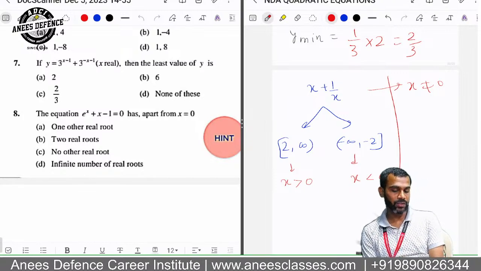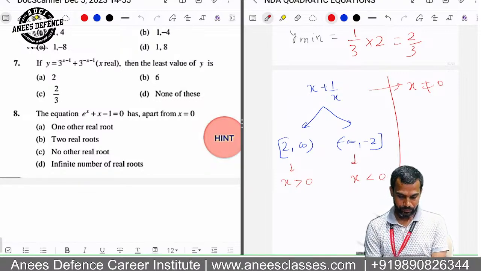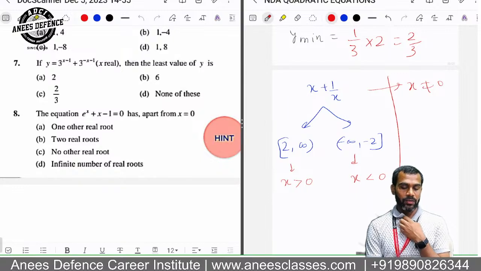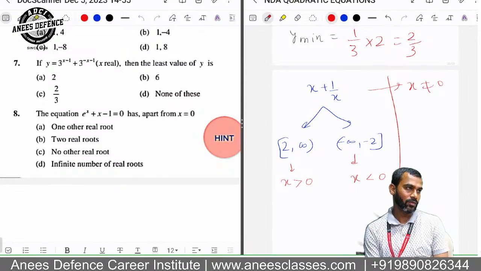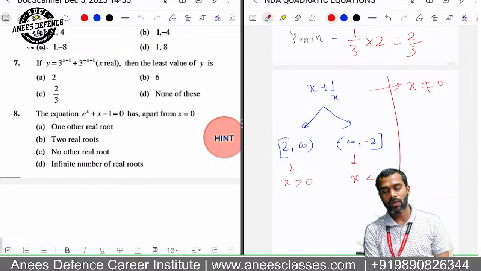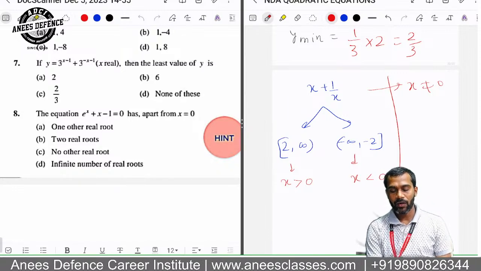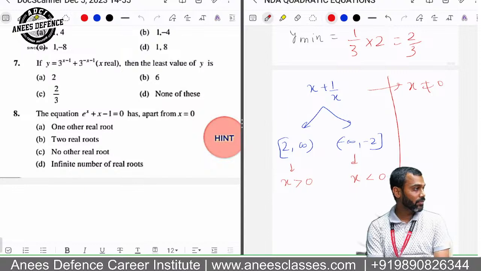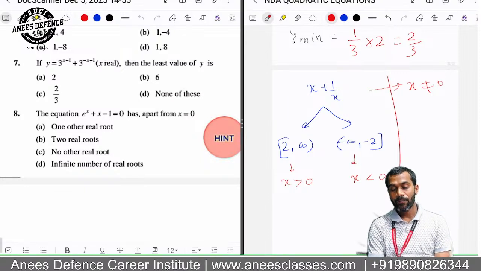What is the derivative of this function? The derivative is e raised to x plus 1, always positive. So this function is always increasing, strictly increasing, we can say. It means one-one function.